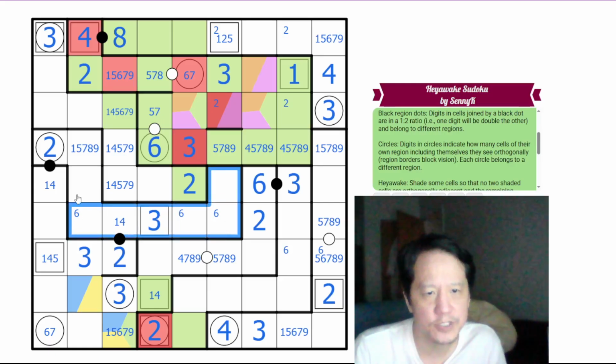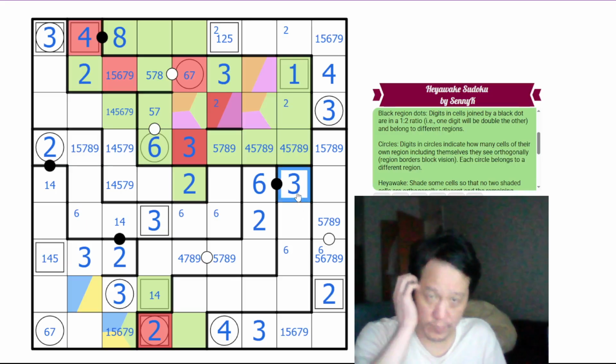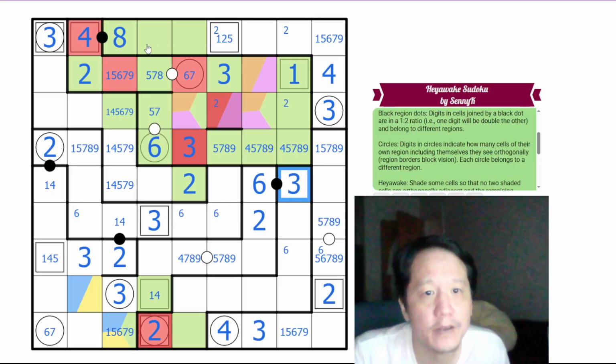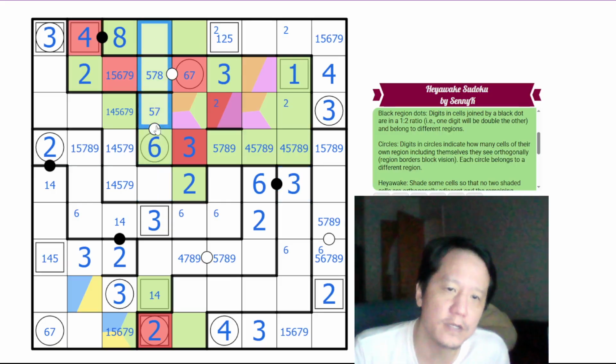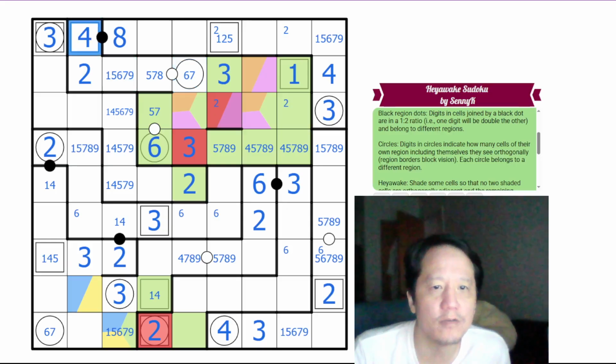This has 3 shaded. Don't know which. Aha! No. This is 3 completely unshaded cells, and they cross 2 borders. So no, this does not work.